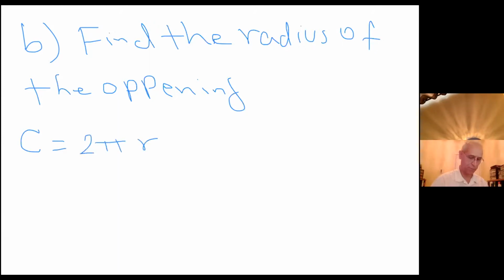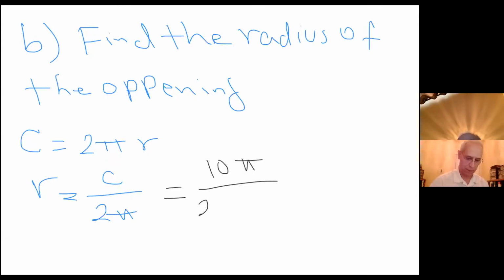And so I can solve for r by dividing both sides by 2 pi, so r equals circumference divided by 2 pi. The circumference we just found in part A to be 10 pi, divided by 2 pi. So cancel the pi. So I have 5, and the unit was centimeter.